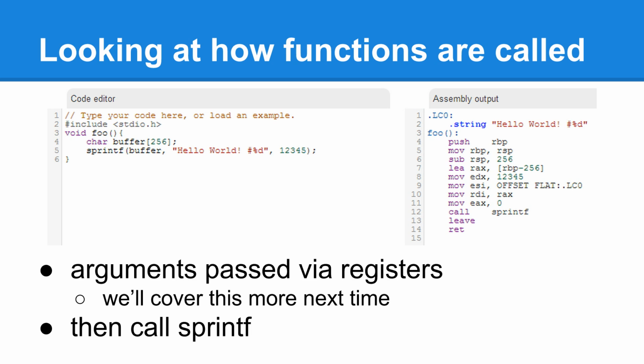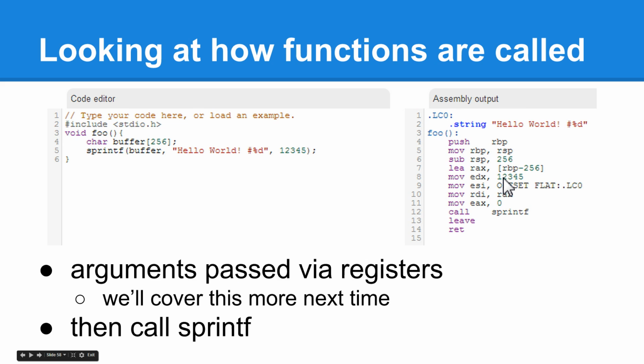And this is compiled for 64-bit. And what we have is we're declaring this character buffer, and we're using sprintf to print into the buffer the following format string, and we have this integer value that we're using to print into it.